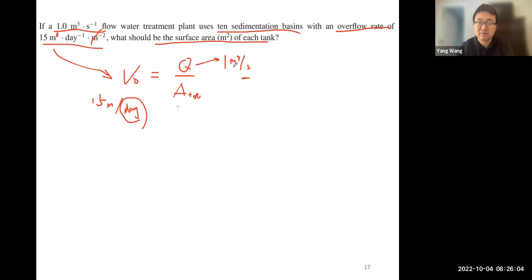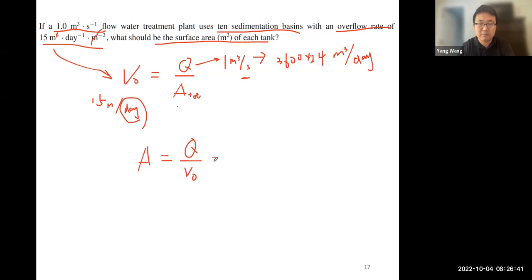For example, you can convert the flow rate to how much volume per day. This means you multiply by 3,600 and then further multiply by 24, because it's 24 hours per day. So that's going to be this amount of flow per day. Then you get A equals Q divided by V naught.